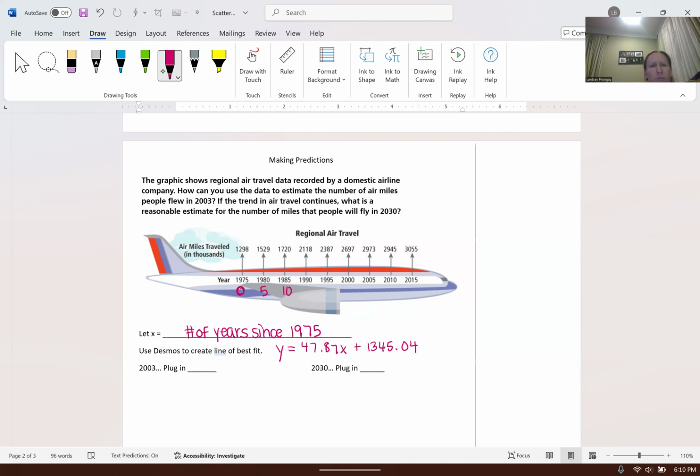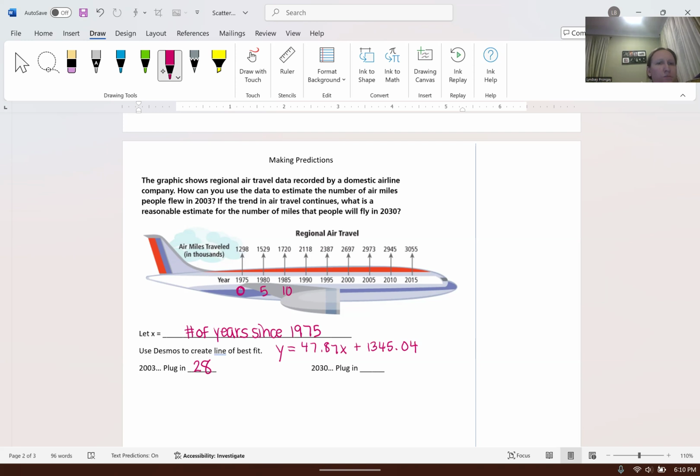Now, 2003 was within the range of our data, but it wasn't one of the dates listed. It jumped from 2000 to 2005. So they're saying, based on this, now that we have our line of best fit, what would be a reasonable estimate there? So if it's 2003, if we're saying number of years since 1975, that would mean that our X would actually be 28.